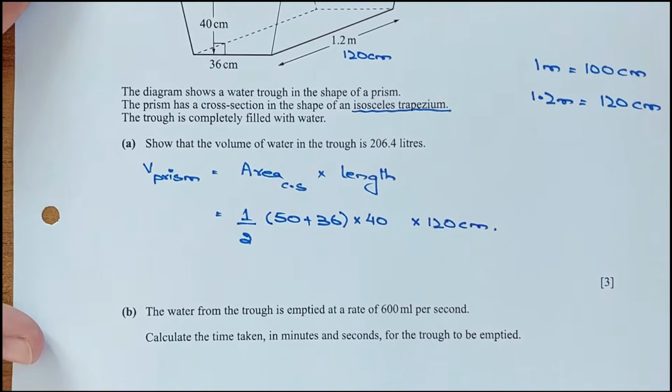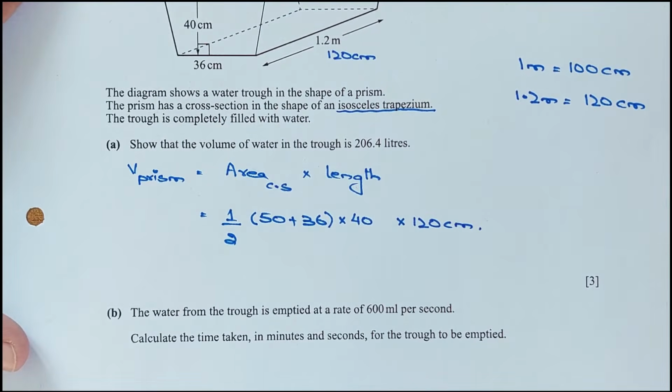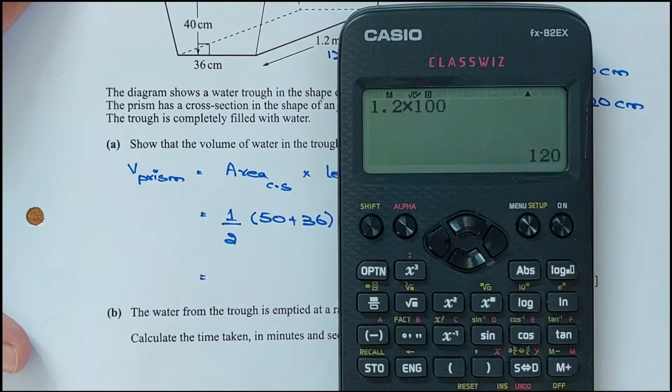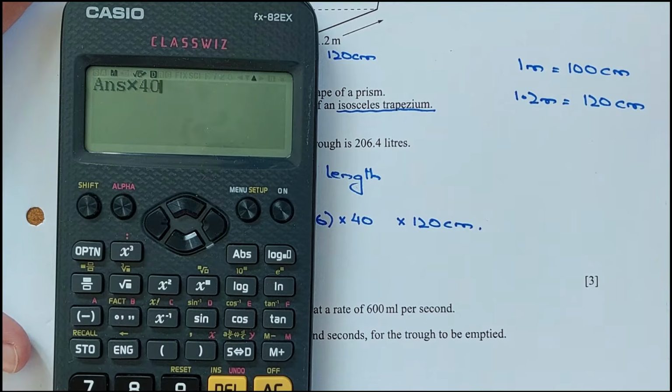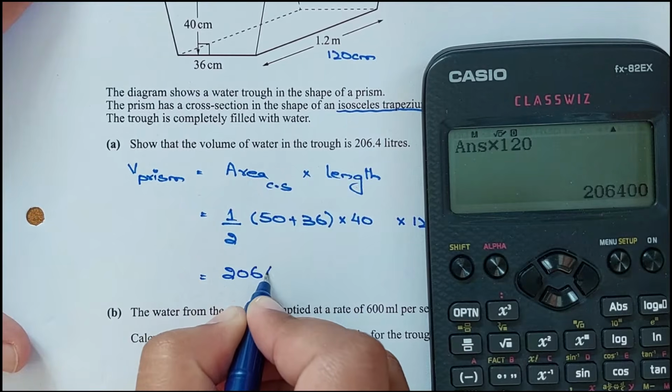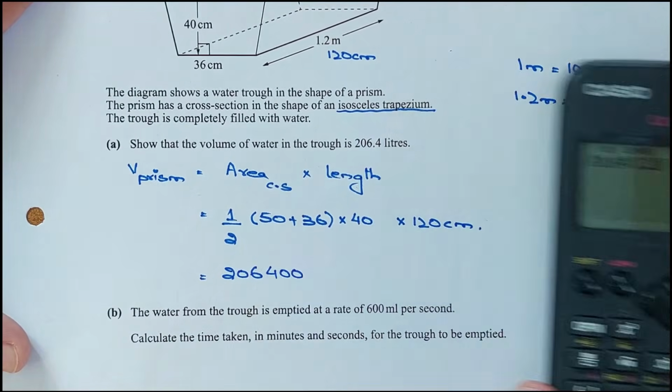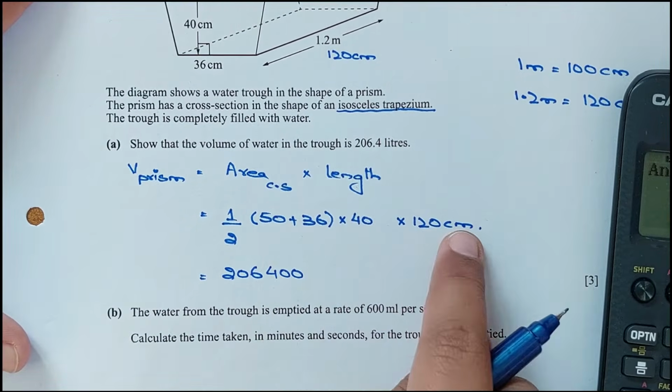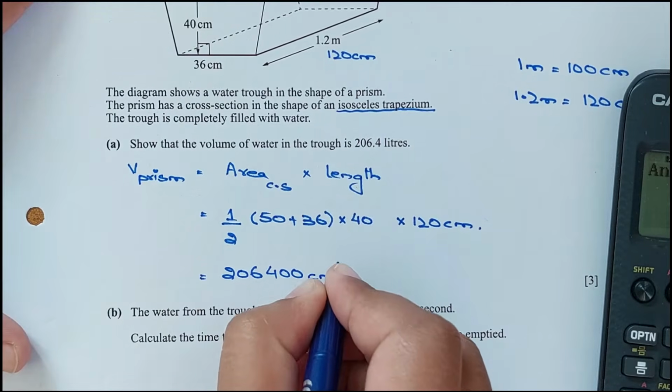So this is going to be the volume in terms of centimeter cube. Let me calculate this: 50 plus 36 divided by 2, times 40, times 120. This is 206400 centimeter cube.